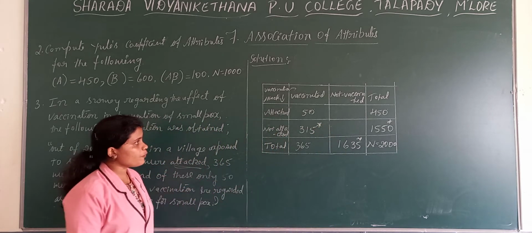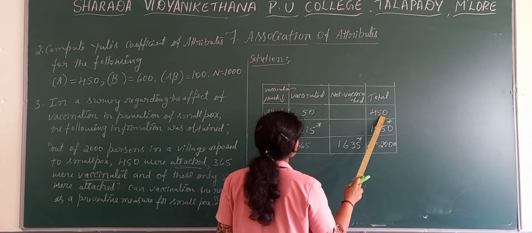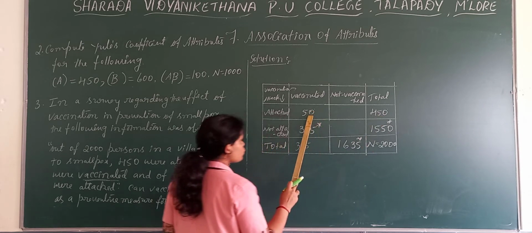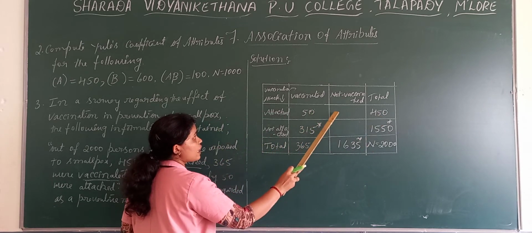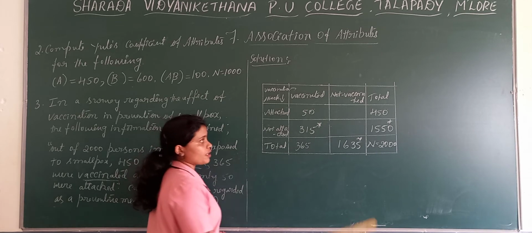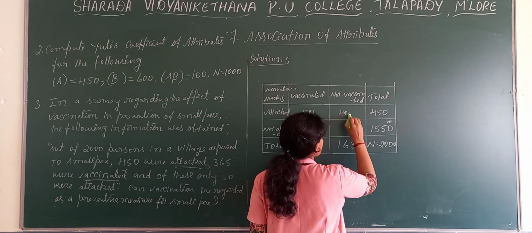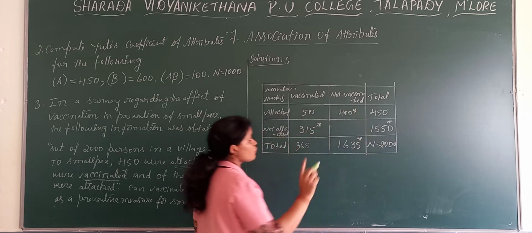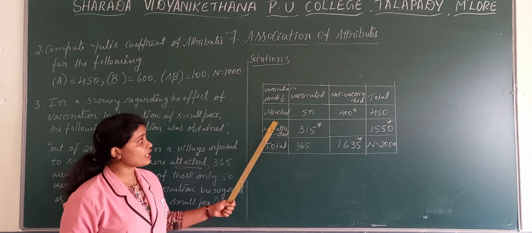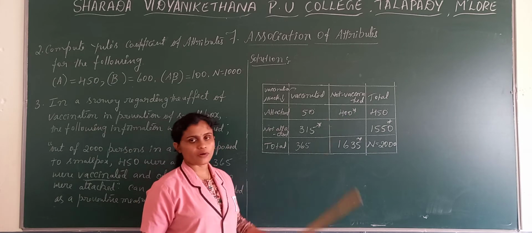In the same way, if 450 were attacked and out of that 50 were vaccinated, how many are not vaccinated? 450 minus 50, we get 400 as not vaccinated. 400 were attacked but not vaccinated.